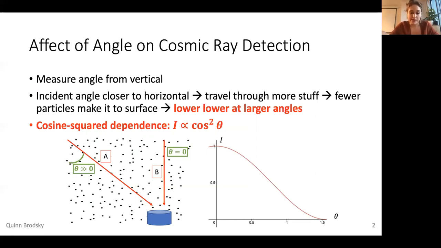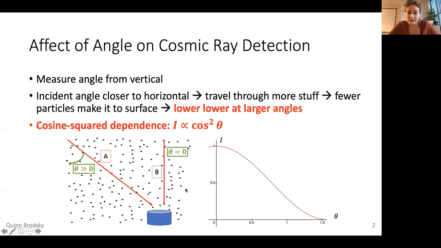And we've learned that cosmic rays are very sensitive to interactions with particles in our atmosphere. So that means that ray A is going to collide with more particles and lose more of its energy as it reaches the Earth's surface. And as a result, we see fewer rays like ray A at Earth's surface at all. So we will detect fewer cosmic ray muons at larger angles to the vertical.